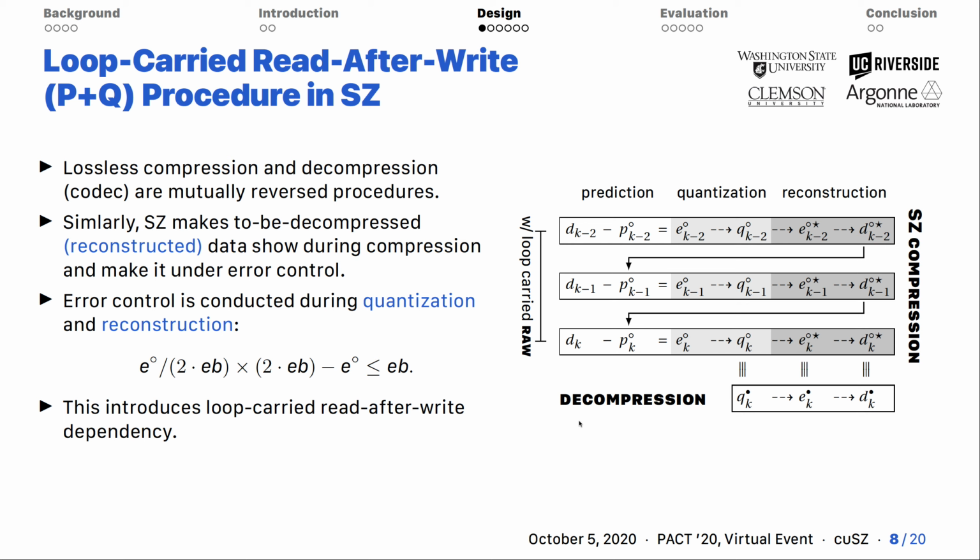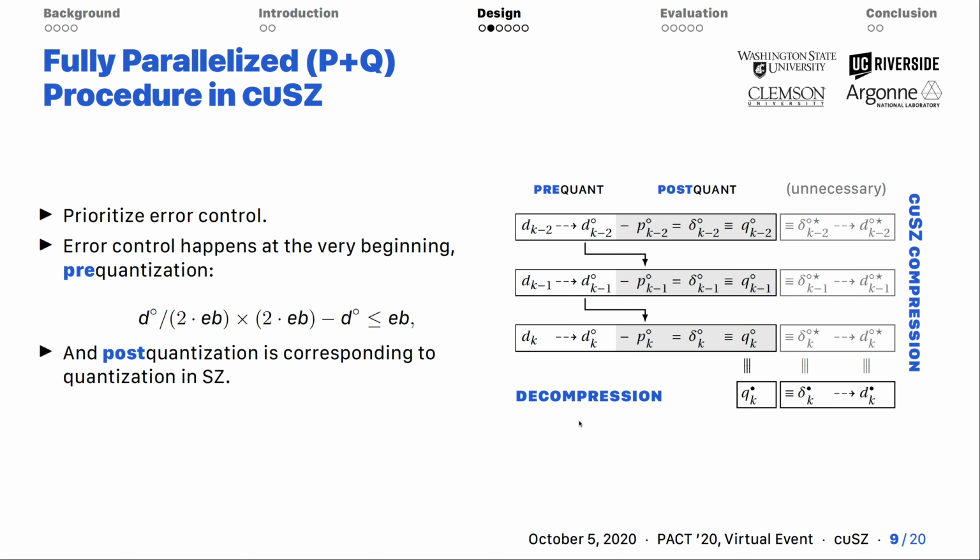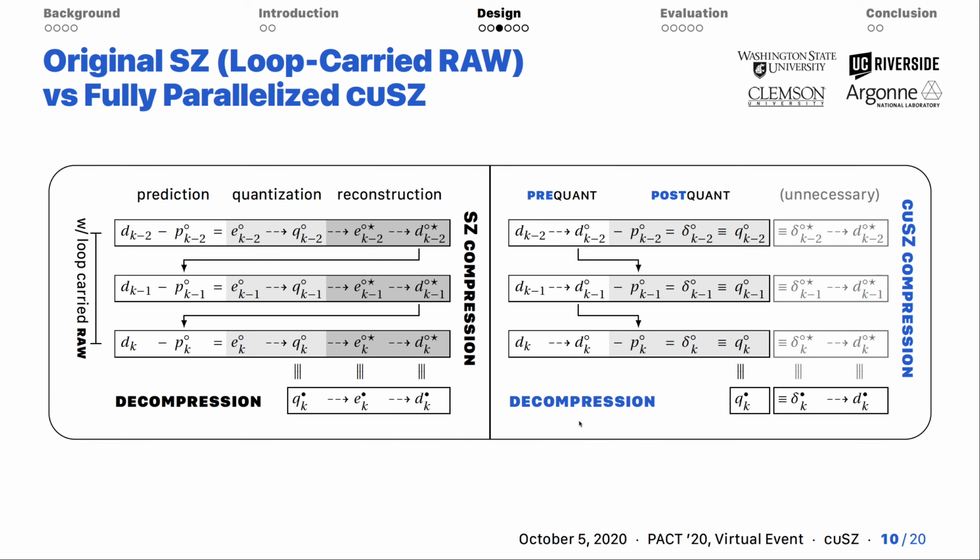And this introduces the loop-carried read-after-write dependency, which is marked with an arrow in the right-hand figure. So to parallelize it, we prioritize the error control. We do the error control over the original data. And after that, we just set a barrier right after the pre-quantization. And we change the data dependency, still marked by that arrow. Looking at them side by side, we can fully parallelize it.